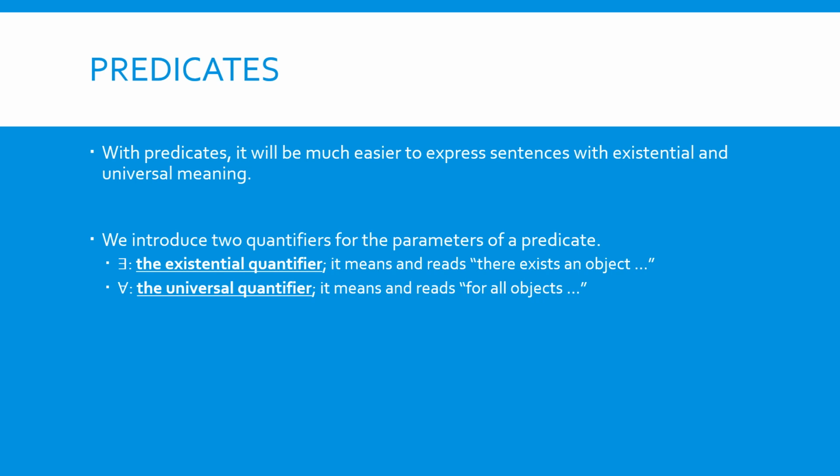The symbol that represents the existential quantifier looks like a mirror-flipped E. Second, we have the universal quantifier. When applied to a parameter of the predicate, it means that all elements can make the predicate true. The symbol that represents the universal quantifier is an upside-down A.